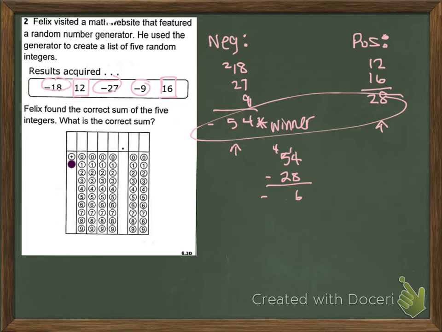And 4 minus 2 is 2. So we have a negative 26. So we come over here to 2, 6. So when you fill out your bubbling, it automatically means positive if you don't fill this part out. So please, please, please make sure you mark that negative. Okay.